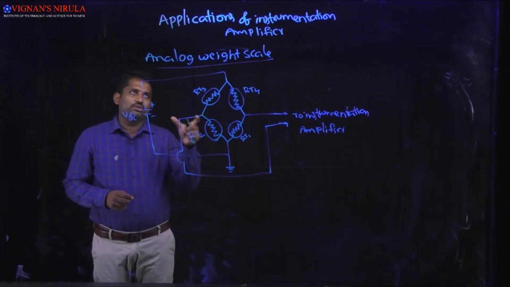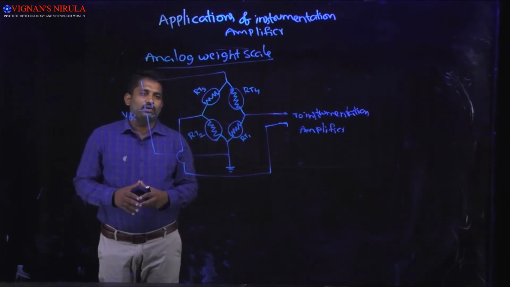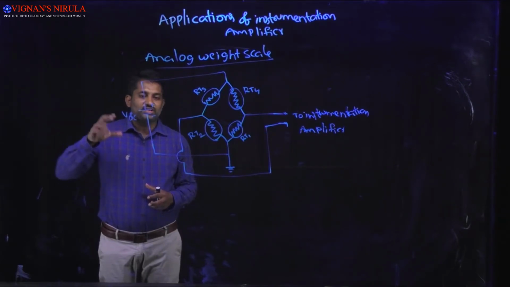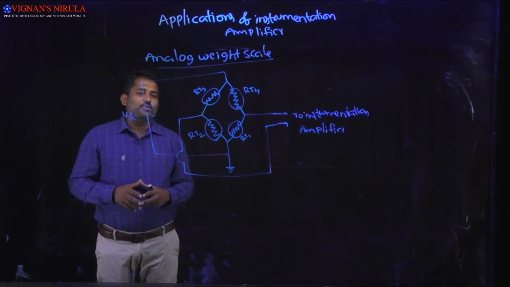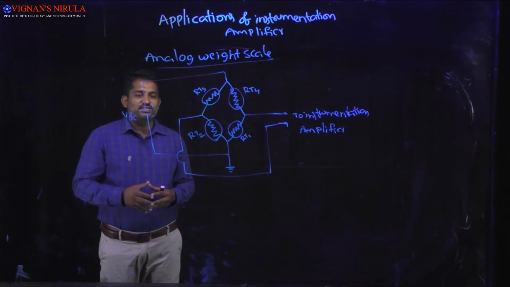In this application, the same Wien bridge will be used along with the instrumentation amplifier. In the previous cases, we used thermistors and photocells on one of the arms of the bridge, but in this case I am placing analog weights on all four arms of the bridge. That's why we treat it as an analog weight scale.